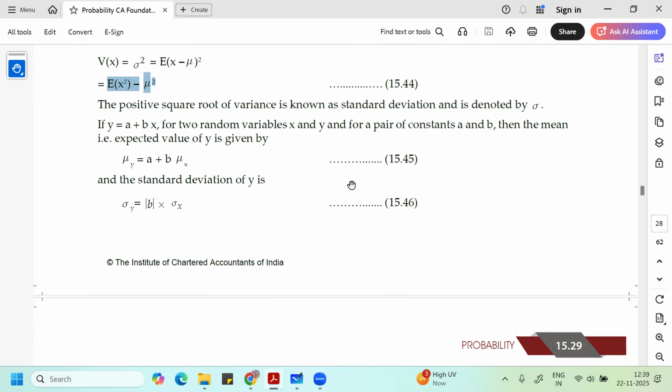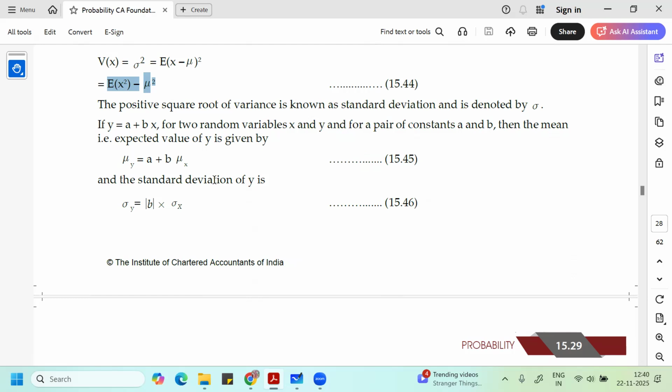Similarly, we have discussed the mean and the standard deviation. If y is equal to a plus bx, then mean of y is equal to a plus b into mean of x. You just substitute the values of a, b, and mean of x, and you will get the mean of y.